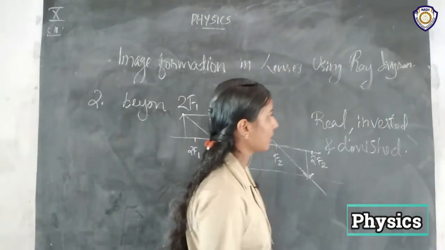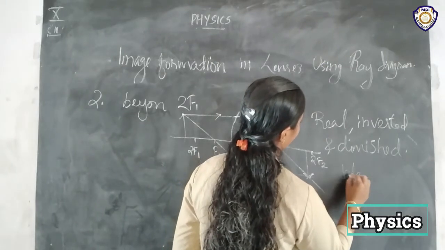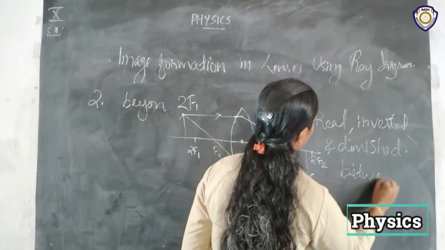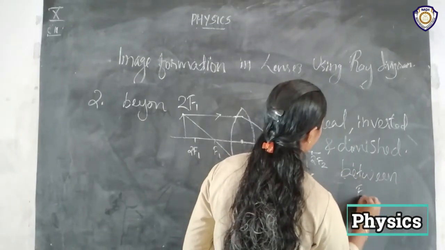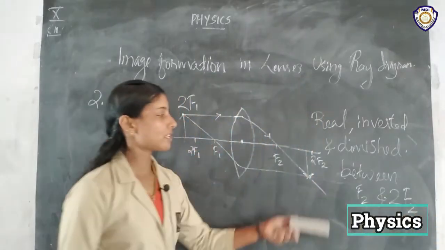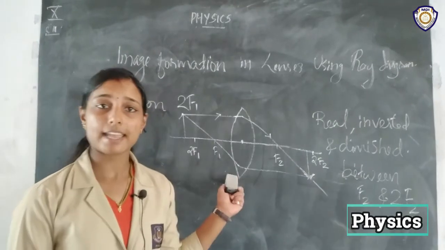And where is it formed? It is formed between f2 and 2f2. So this is the second case.